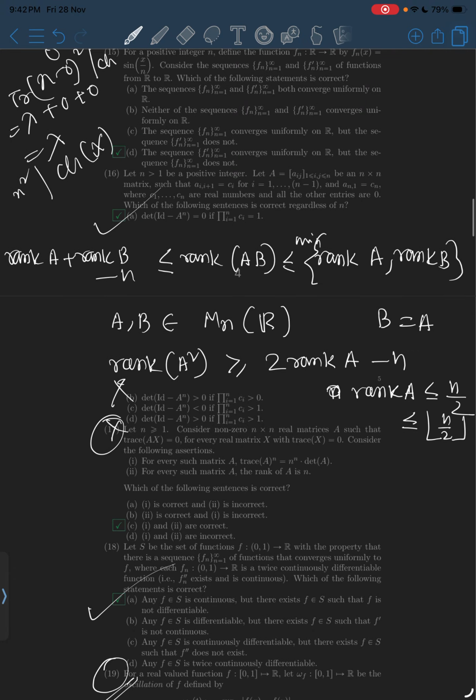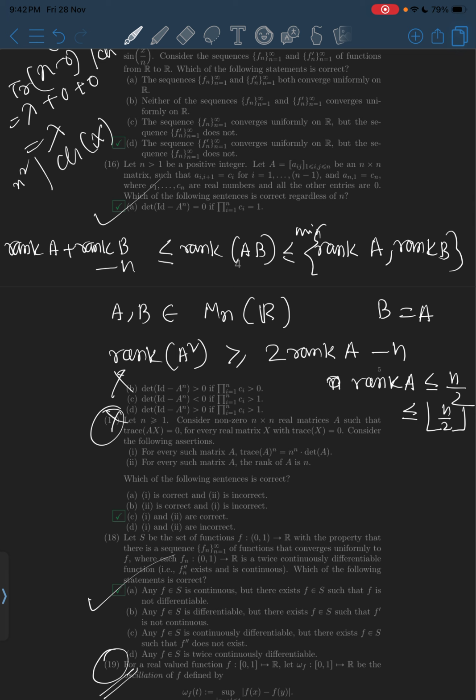Then trace of A whole to the power n: the trace of A must be n times lambda, right? So trace A whole to the power n is n to the power n times lambda to the power n. This is the same as n to the power n times determinant of A, because a scalar matrix has determinant lambda to the power n, where lambda is the scalar.